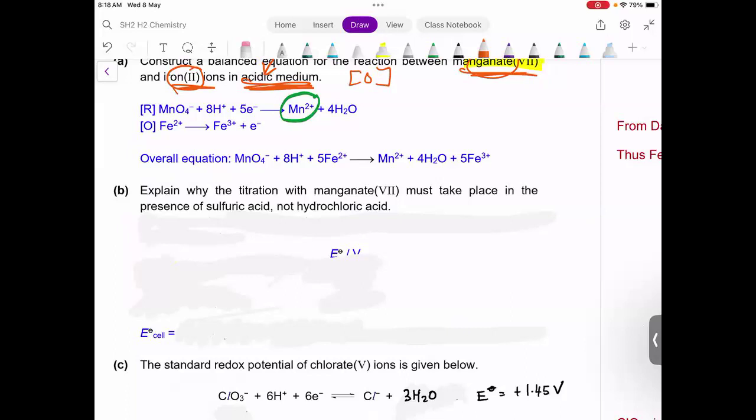How do you put that? What will you do? So the only difference between these two acids, of course, is the sulfate ion itself, as well as the chloride ion. So that is the essential difference between these two acids. So how do I justify using the calculation of E0 cell to explain that HCl cannot work, but H2SO4 can work?